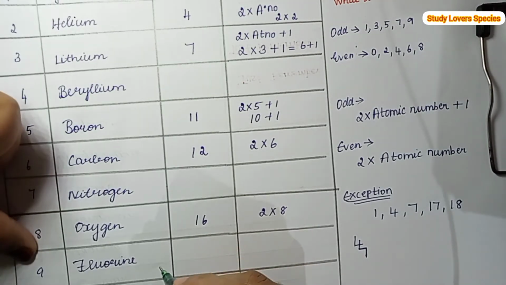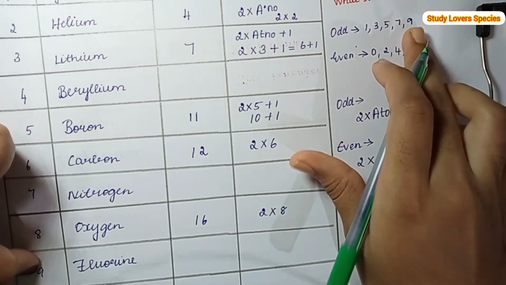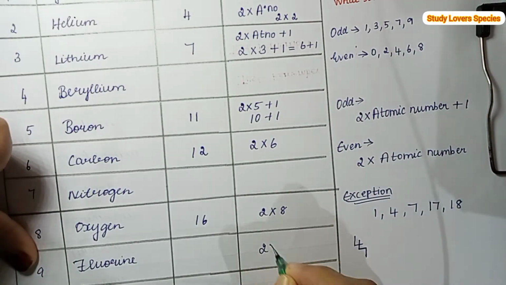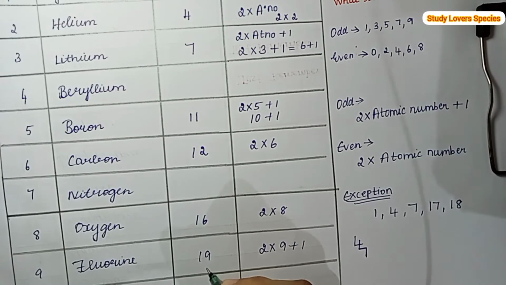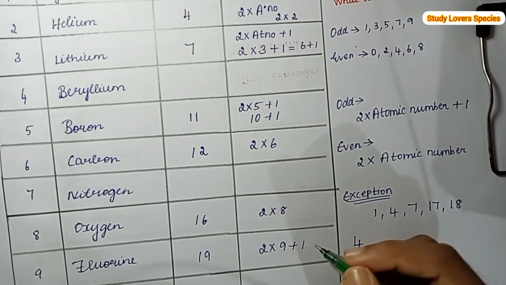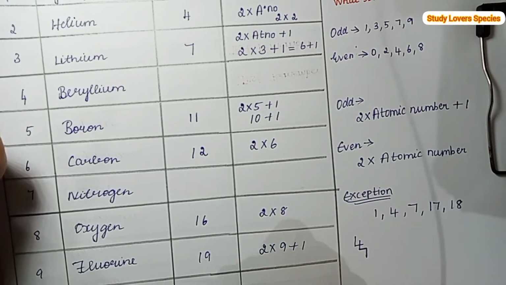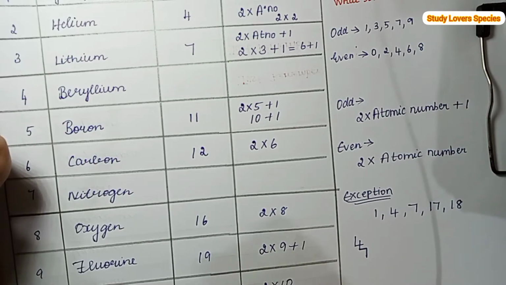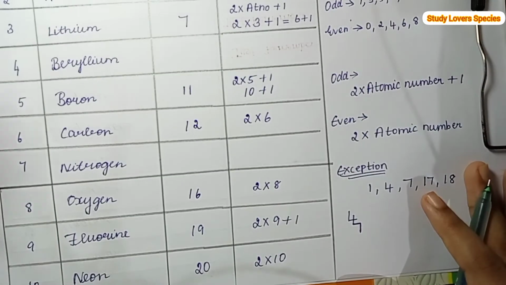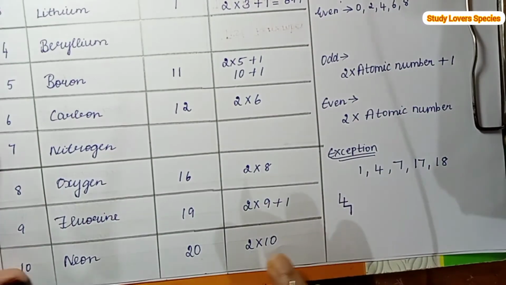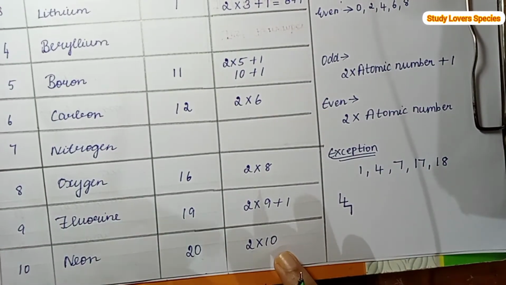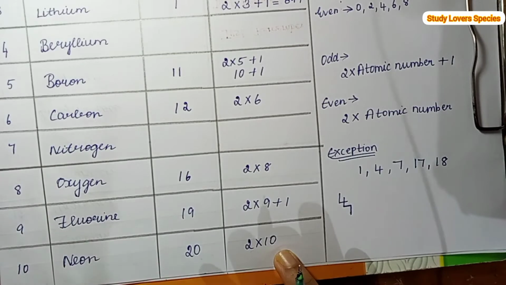Next, 9, fluorine. 9 is an odd number. 2 into 9 plus 1, 19 is our mass number. Then 10 is an even number. 2 into 10, 20 is our mass number.